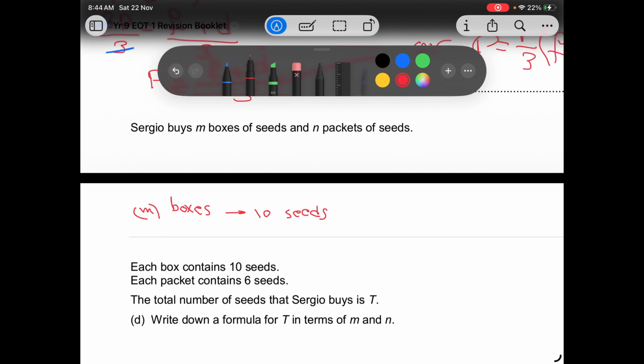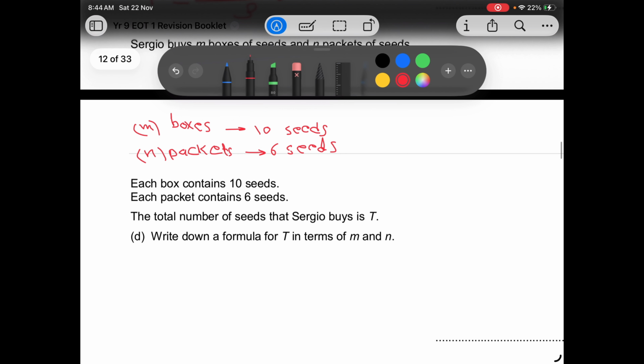On the other hand, we have N buckets, and each bucket contains 6 seeds. And the total number of seeds is T.